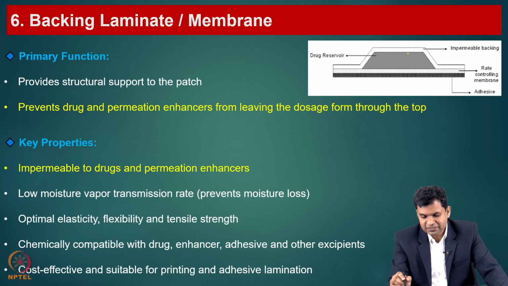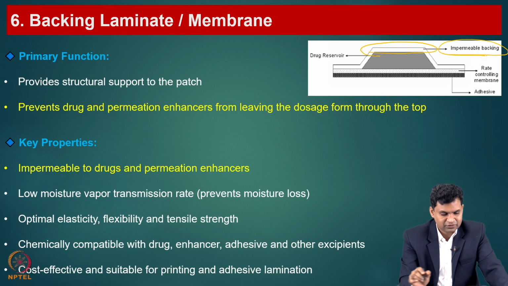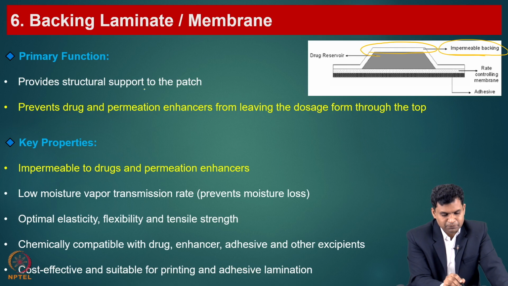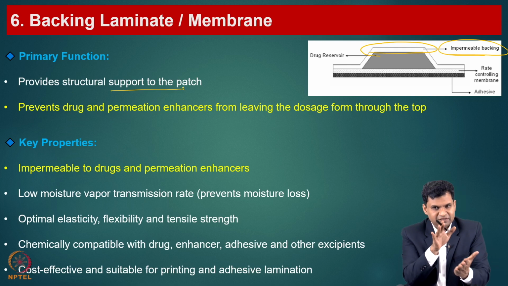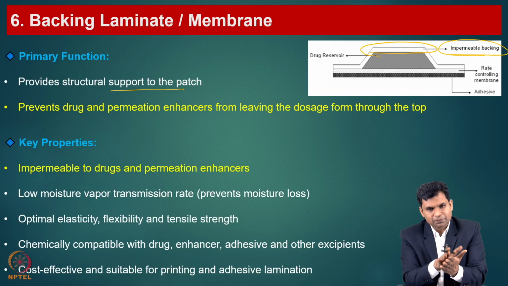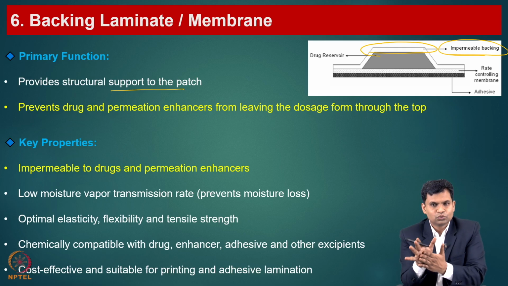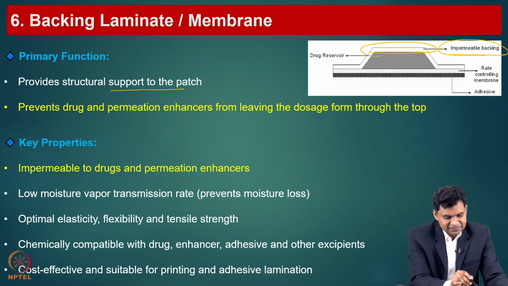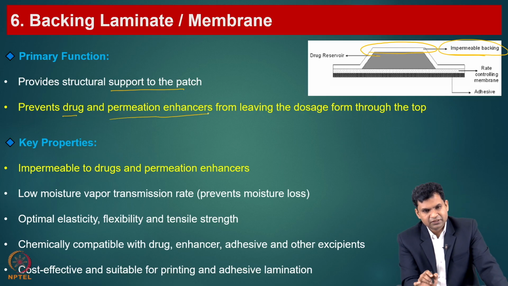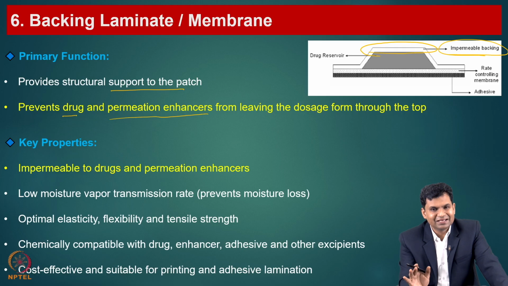Now, the sixth one is the backing layer, the topmost one, the impermeable backing layer, which will provide structural support to the patch. That will help to provide structural support to the membrane, and this will prevent the drug and permeation enhancers from leaving the dosage form through the top.